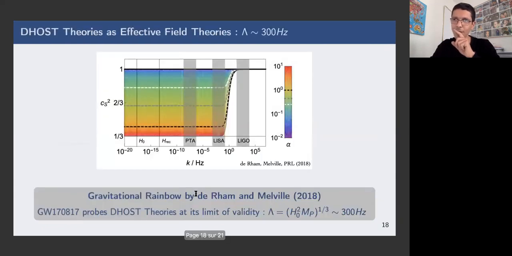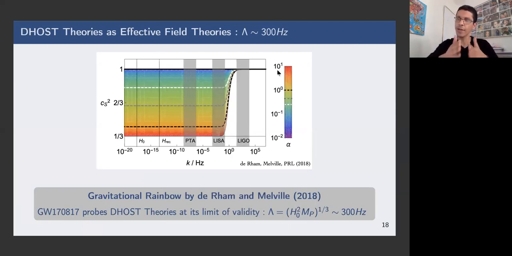Yes, with one side, because this is important just to finish with that. It is important to say that those theories are effective field theories, so they have a domain of validity, and the scale where the tensor scale of the theory is 300 Hz, and the wavelengths of the gravitational waves that we measured with this event were typically of the order of 100 Hz.